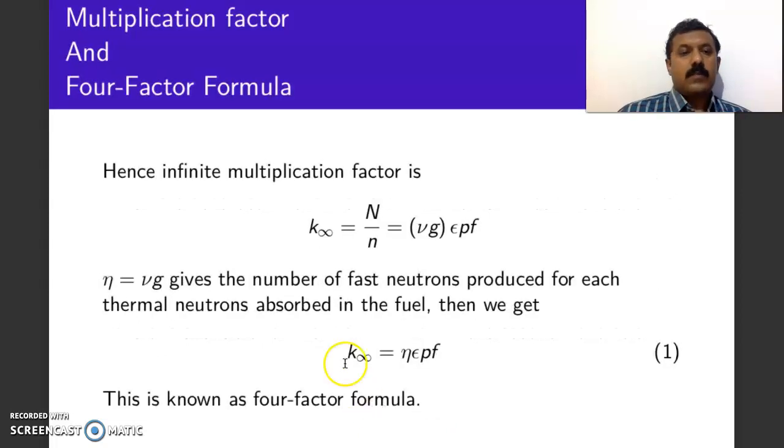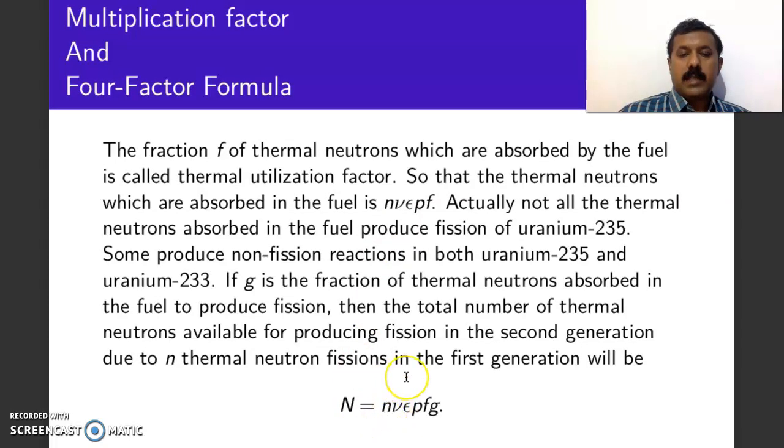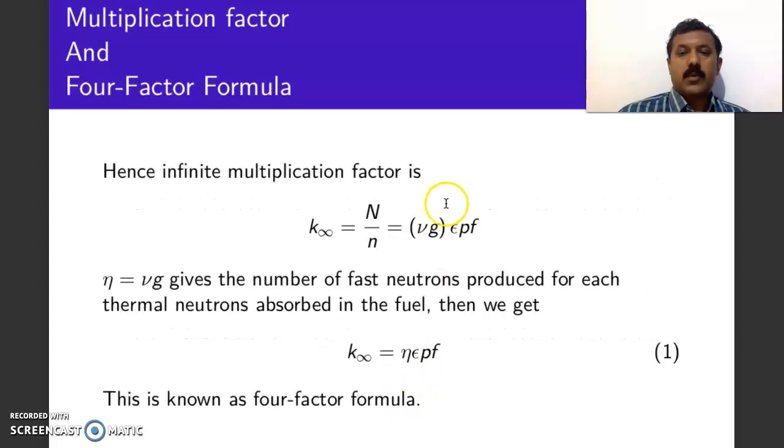Then now we can write the multiplication factor K infinity. This is the infinite multiplication factor in an infinite size reactor. It will be equal to capital N divided by small n. If you divide by small n, n will cancel, and just by grouping nu into G, this nu G is represented by eta. This gives the number of fast neutrons produced for each thermal neutron absorbed in the fuel.